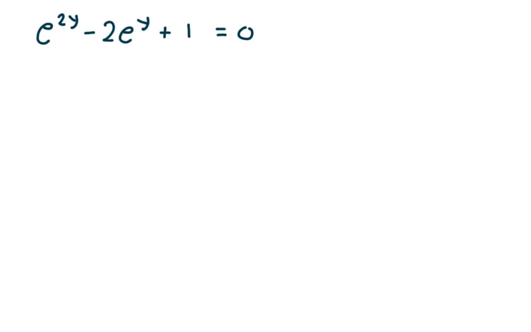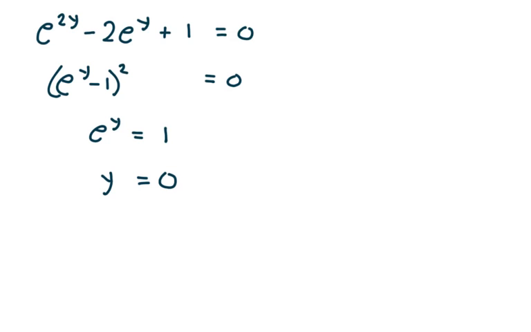Okay? So that says e to the y minus 1 to the second is equal to 0, which says e to the y equals 1, which says y equals 0. That's the only way you're going to get 1.